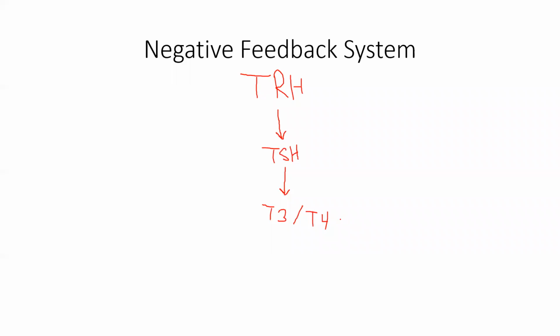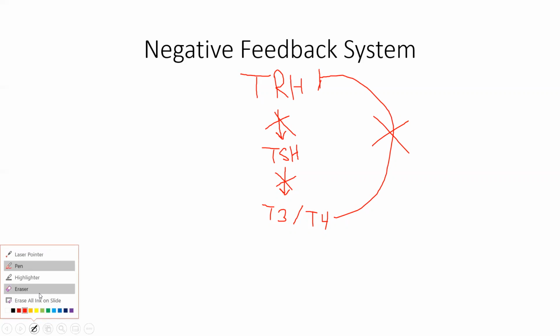Once T3 and T4 are at high enough levels, your hypothalamus stops releasing TRH, which then stops releasing TSH, which stops releasing T3 and T4. Then your T3 and T4 levels go down, which means you have to start releasing TRH again. So that's how that works. But interestingly enough, with this, we can get some diseases.